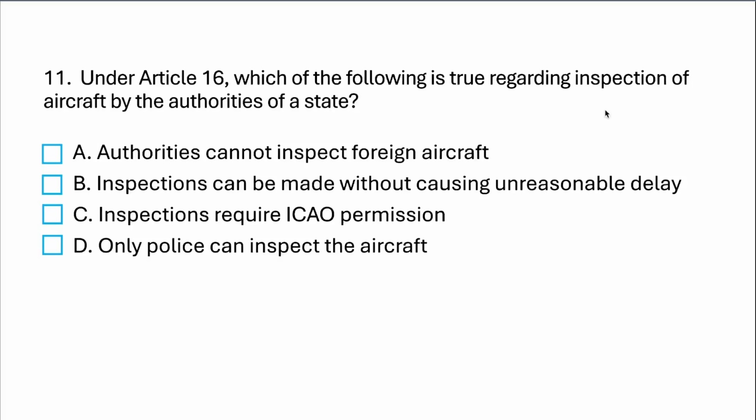So they have the full rights to search that aircraft, right? They have the right to search that aircraft and also inspect its airworthiness, right? They can inspect the documents for that aircraft, inspect the registration details for that aircraft. So the authorities have full rights to do that.